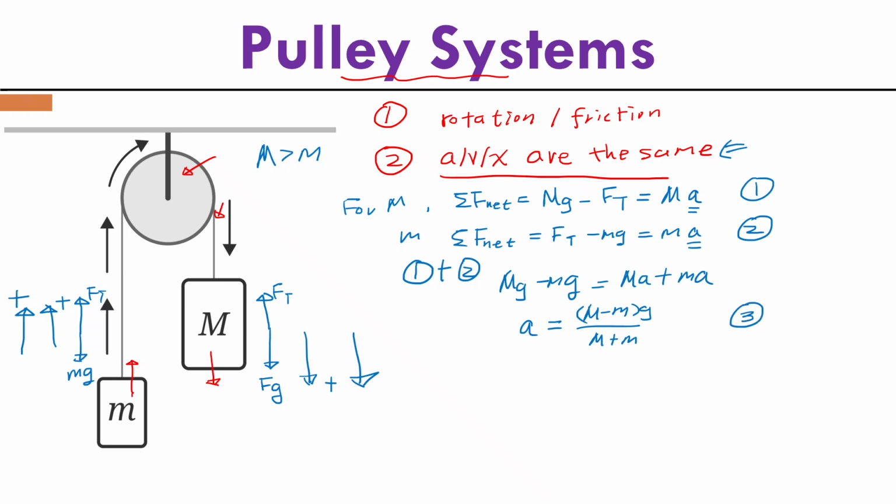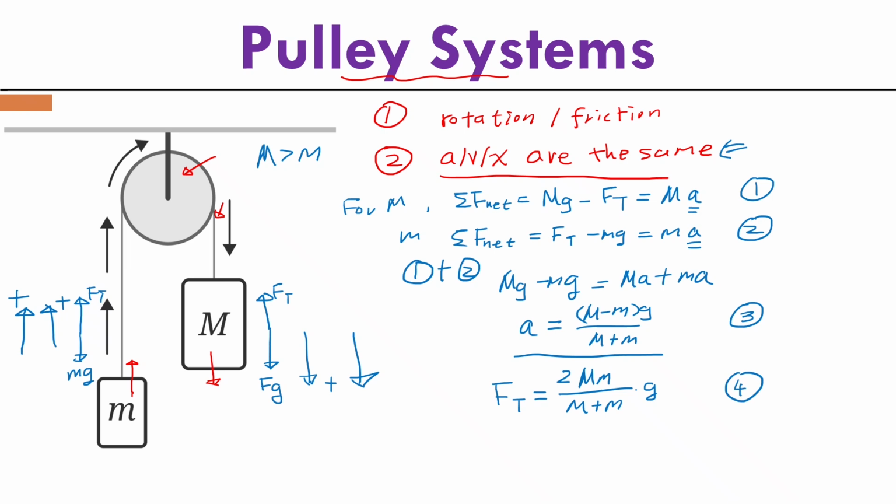In other words, you see, I get my acceleration right away. So how do I get my tension? I can substitute this acceleration into either equation 1 or equation 2. I can get my tension. So I have done that. Let me just write down the answer here. My tension equals 2 times big M small m divided by big M plus small m times g. Let's call it equation 4.